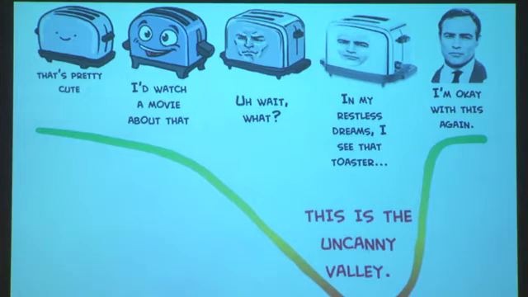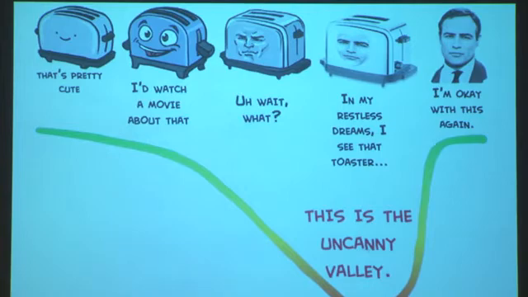You saw this a lot, particularly in the 90s and the early 2000s with CGI, where it looked almost human. Every once in a while, you still see it now. It just makes you feel uncomfortable, until the animation actually really looks like a human being. And then you become cool with it again. That's the uncanny valley.